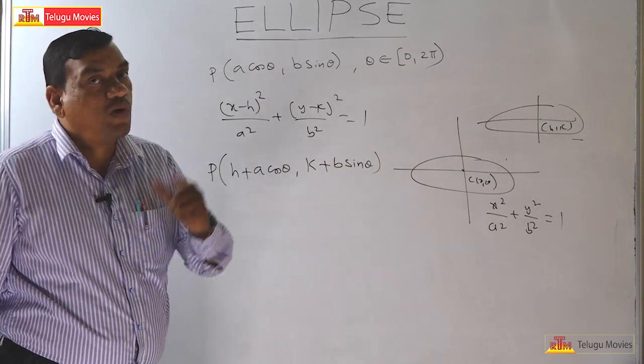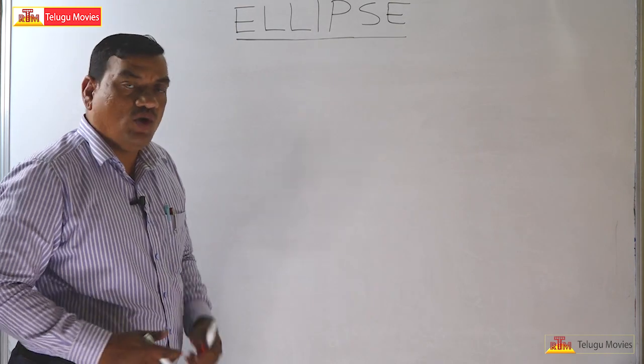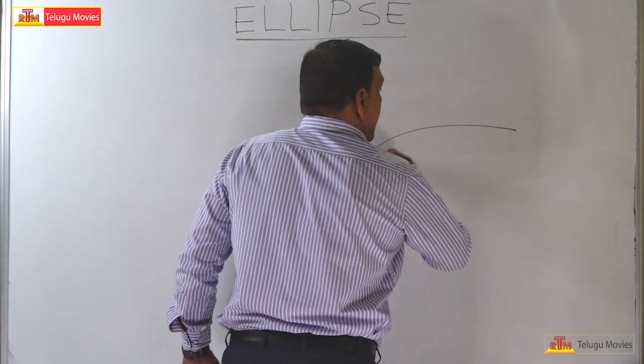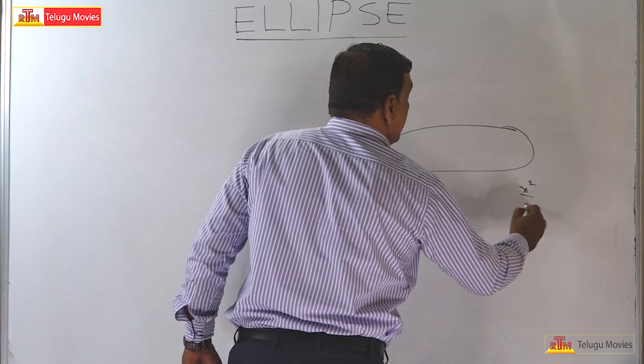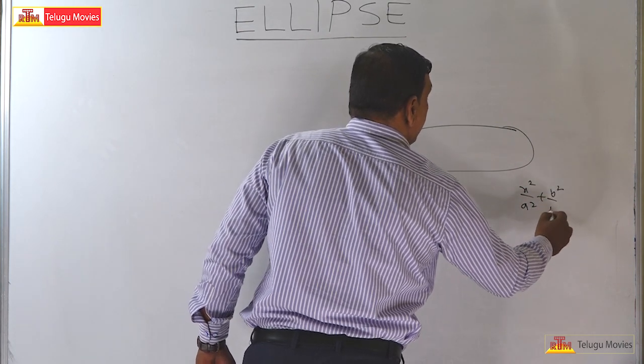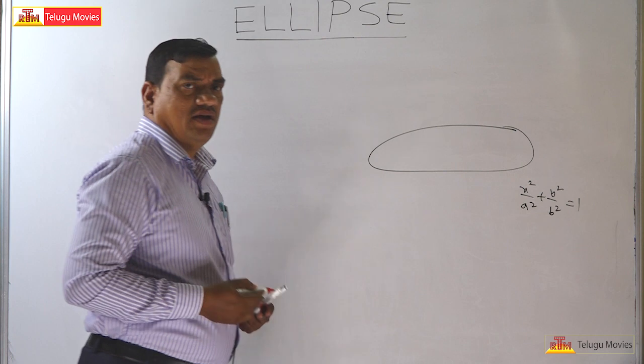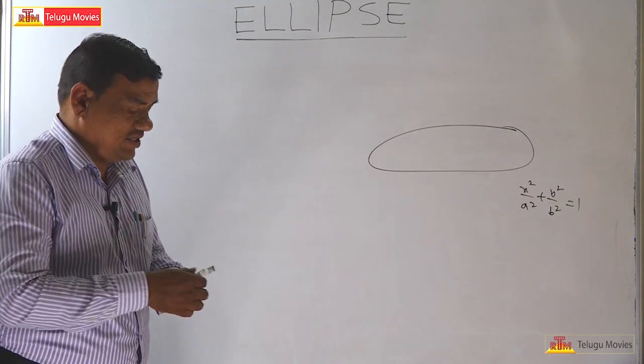So let us see one more point. Let us take an ellipse x square by a square plus y square by b square is equal to 1. Either a greater than b or a less than b, nothing wrong in it.